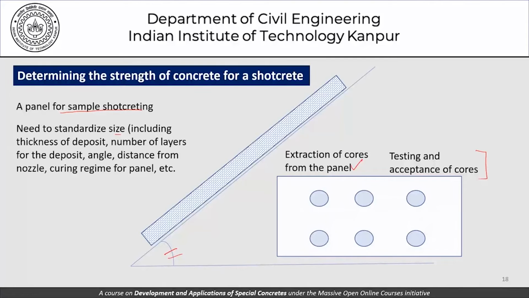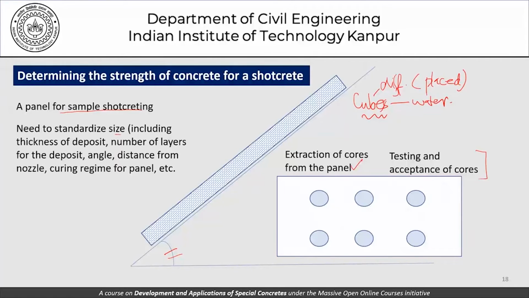What has to be understood here is that this concrete, what I would like you to think about is that we have cubes as the basis for our quality control as far as normal concrete is concerned. Now these cubes are cured in water and they are prepared differently than the placed concrete. So there is no one who will argue that the cubes represents the actual method of placement as far as normal concrete is concerned.